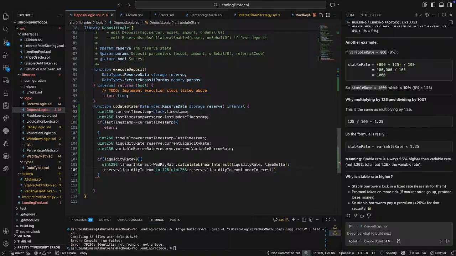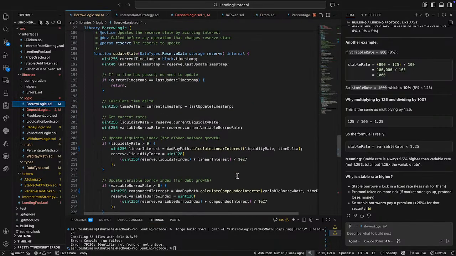The whole thing should be divided by 1e27. Liquidity index is in 128 bit.